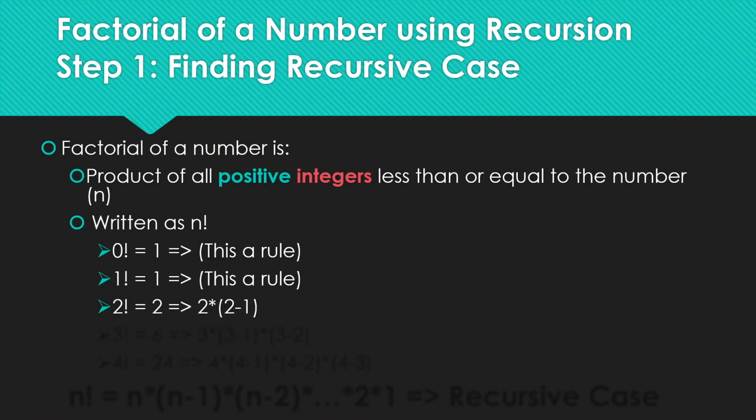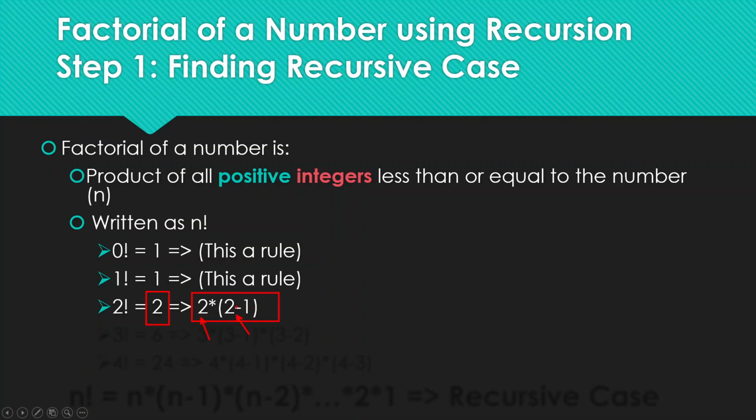Now, how do we calculate the factorial of a number? For example, 2. So this is the solution and this is the answer. We simply do 2, which is the number n, times 2 minus 1. 2 minus 1 is 1. So anytime we get to 1, we stop. When n is equal to 1, we stop.